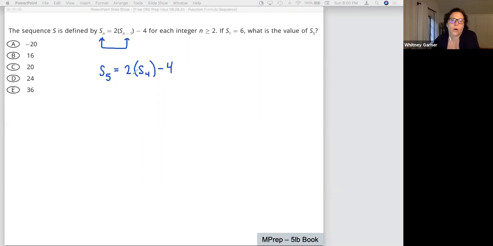So if I want to know s sub 4, s sub 4 is going to be 2 times s sub 3 minus 4. And s sub 3 is equal to 2 times s sub 2 minus 4. So then I have one more. I'm going to take it another degree.